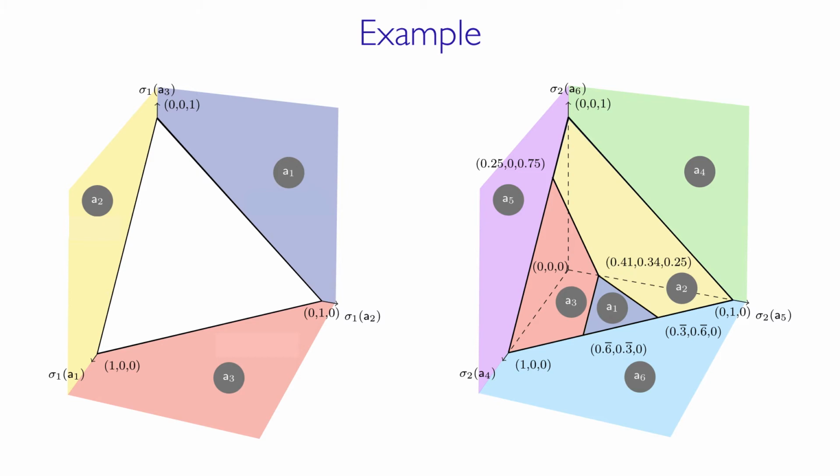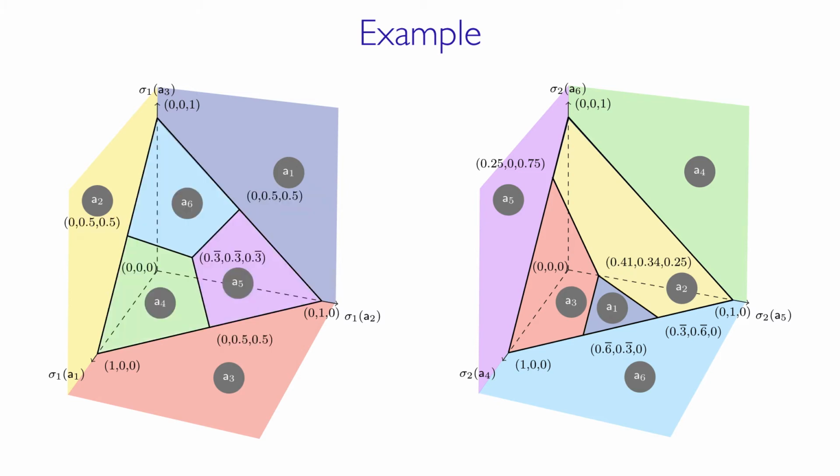Consider now the simplex of player 1. We divide the simplex in best response areas as before. It can be observed that in each simplex, all the labels appear, and given a simplex, each label appears only in a single area.